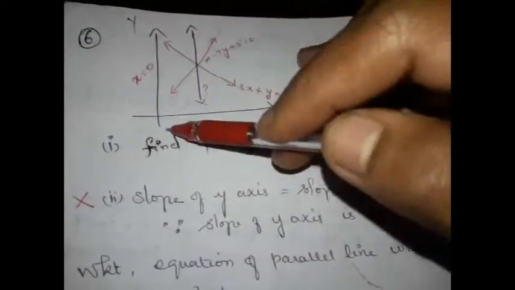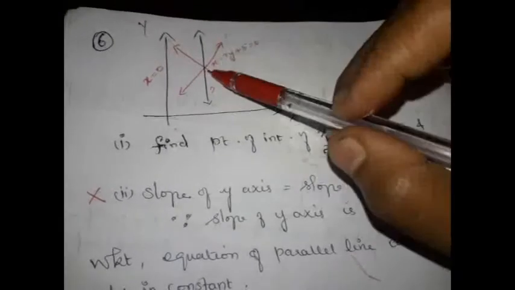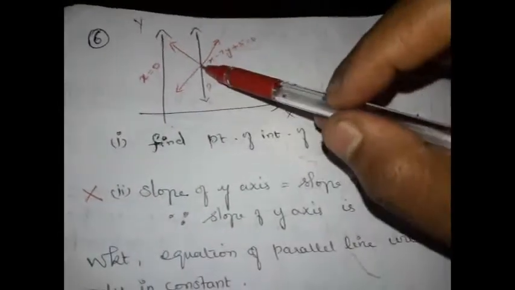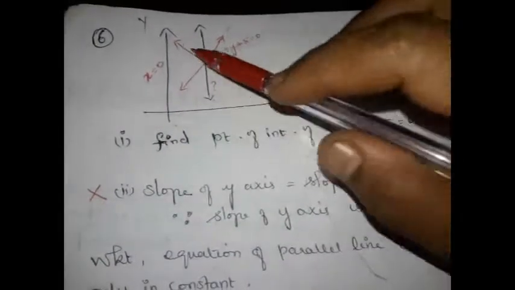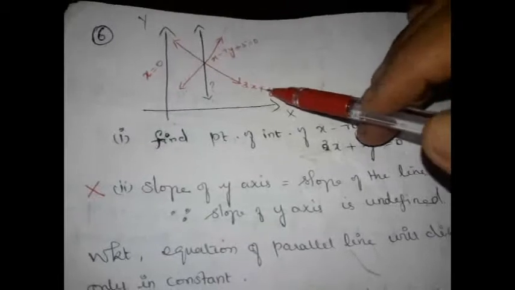When it comes to parallelism, immediately slope will strike our mind. So we can get a slope. Another thing is that it passes through the point of intersection. So how will you find the point of intersection of two lines when you know their equations? You have to solve them by the elimination method, substitution method or cross multiplication method.